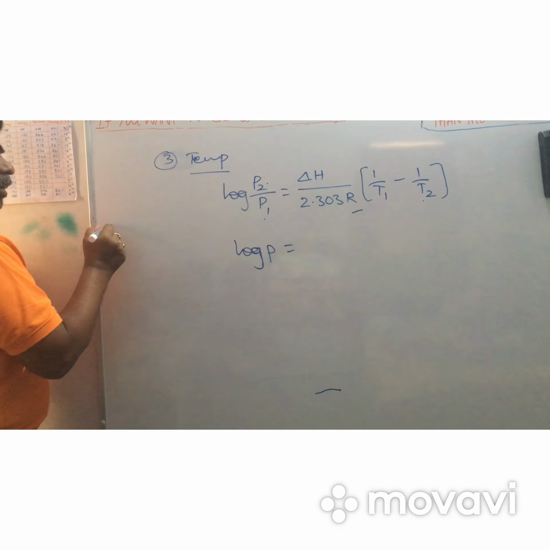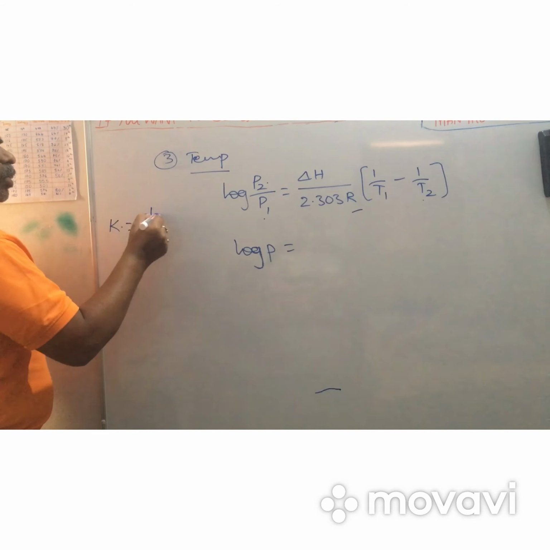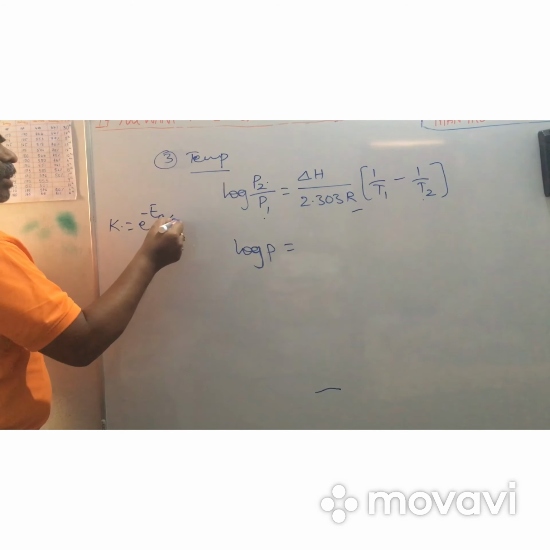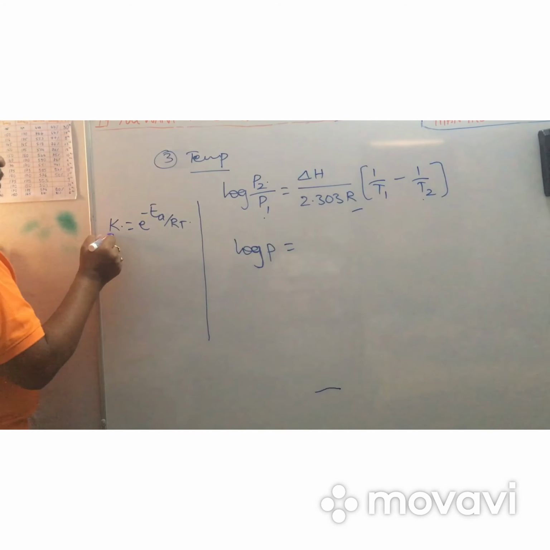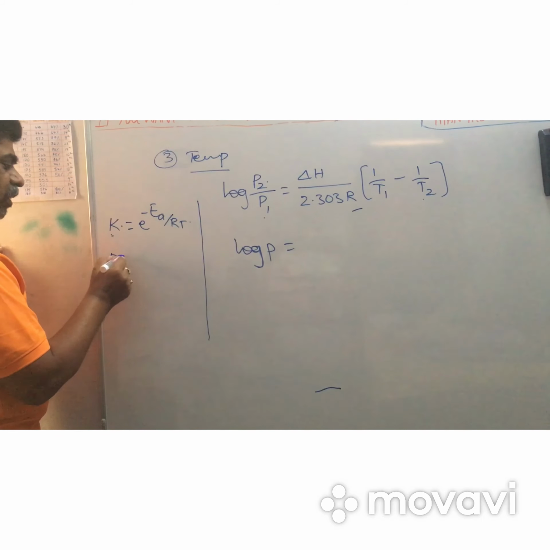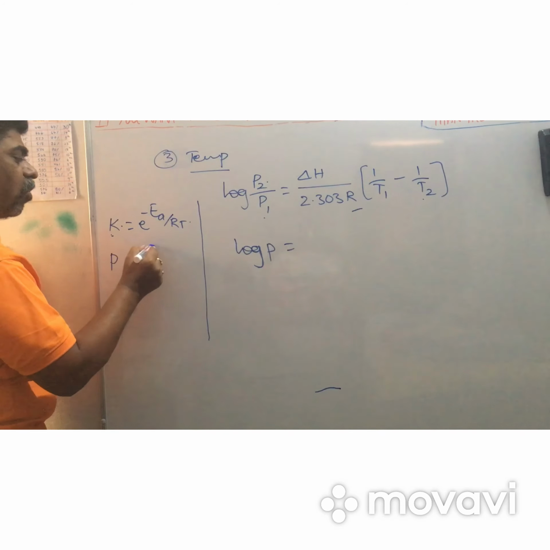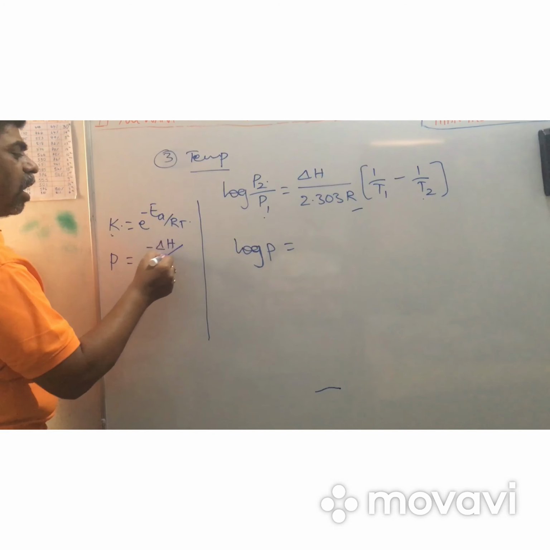In Arrhenius theory, the rate constant K is equal to A e to the power of minus EA by RT. Same here: instead of K we write vapor pressure, e to the power of minus delta H by RT.